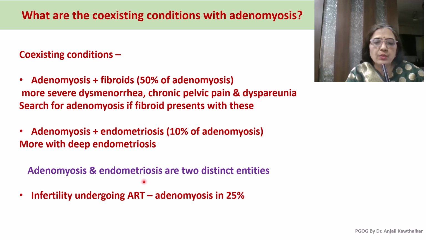These were considered together in the past; even if we see the classification of endometriosis, one of the classifications includes adenomyosis as a type of endometriosis, which is not the current thought. The current thinking in gynecology is very clear that endometriosis is the presence of endometrial glands and cells outside the uterus.